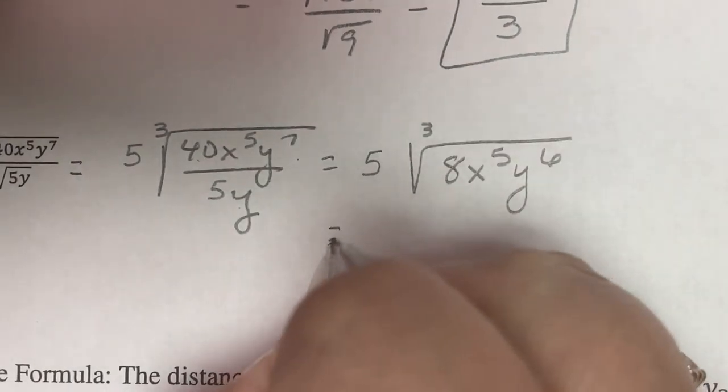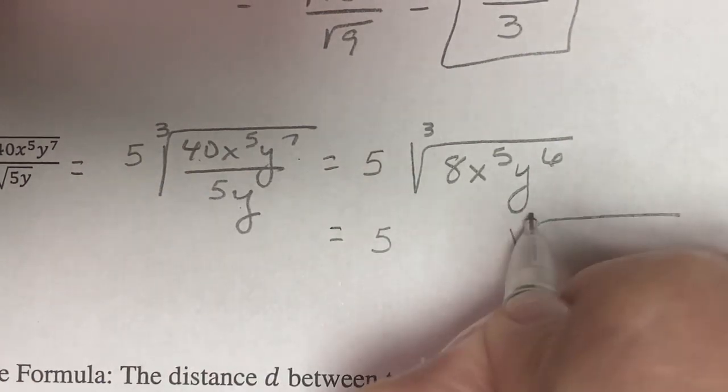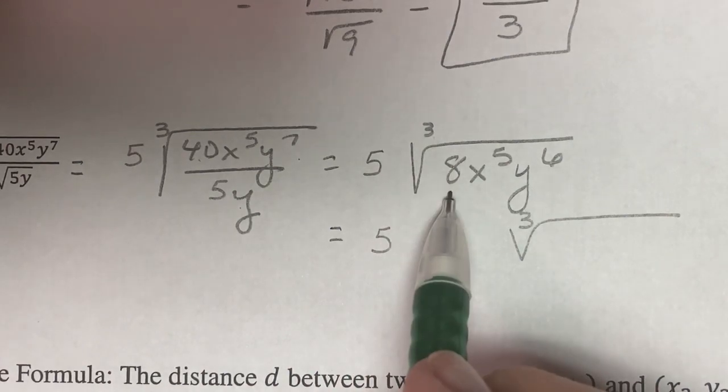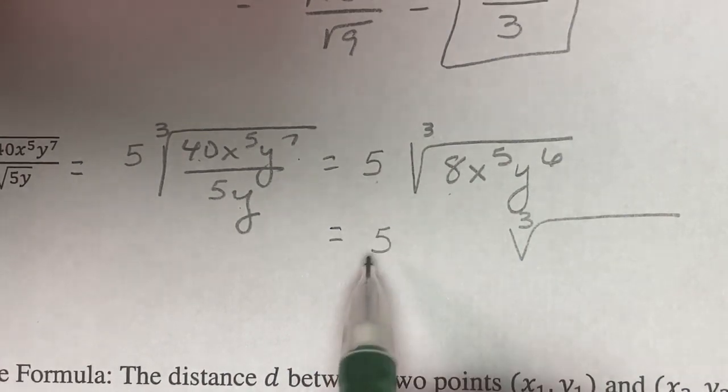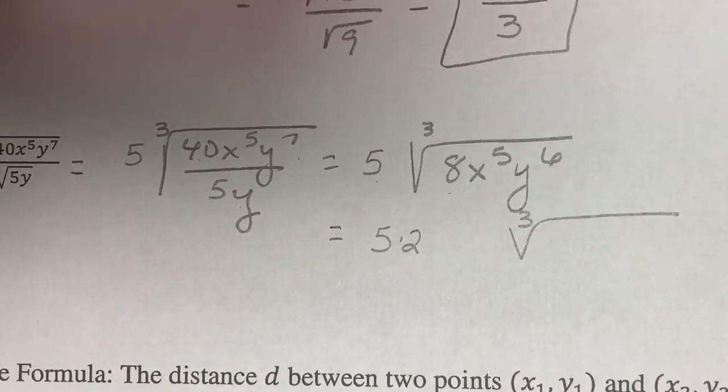All right, well now let's see what we can do. That 5's going to stay outside. So the cube root of 8, that's a perfect cube. That's 2. So a 2 is going to come out and get multiplied by the 5.